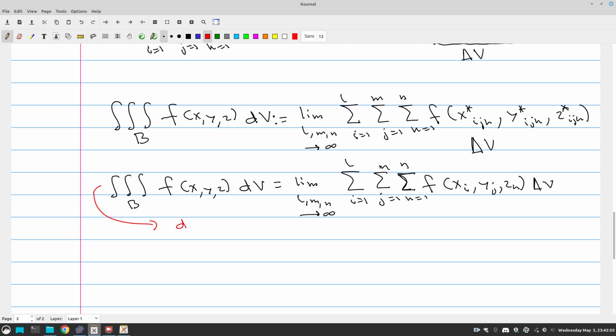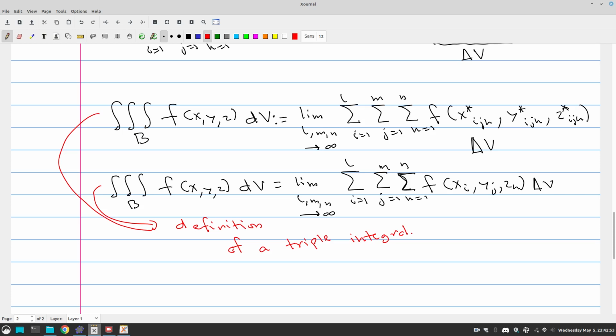In fact, both of these are the definition of a triple integral.